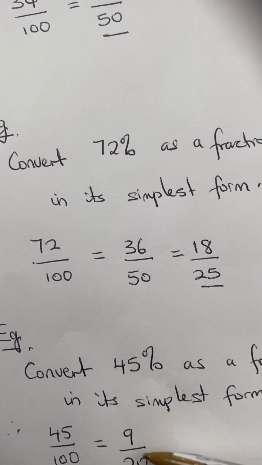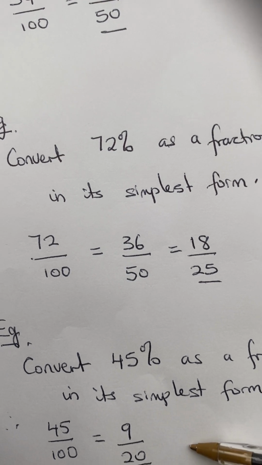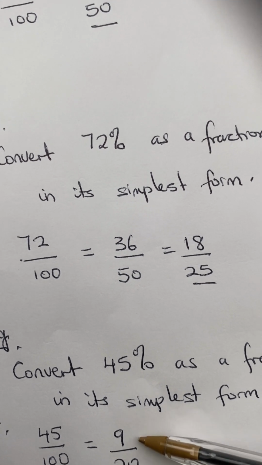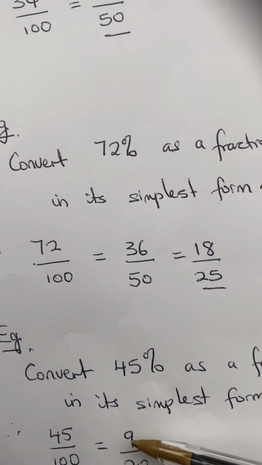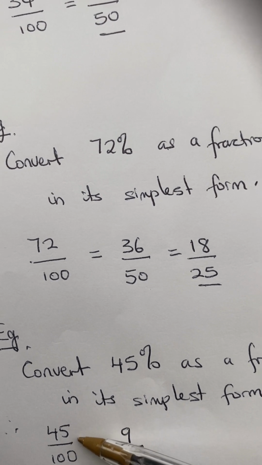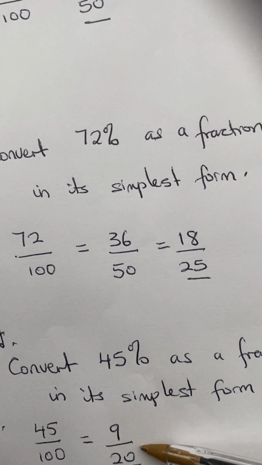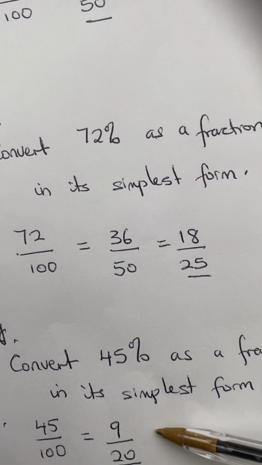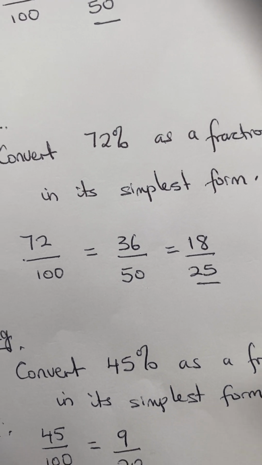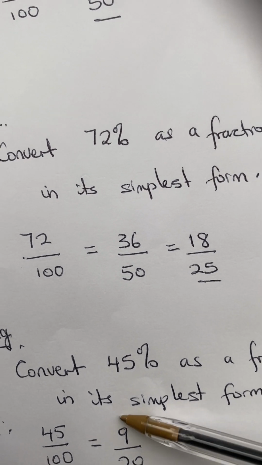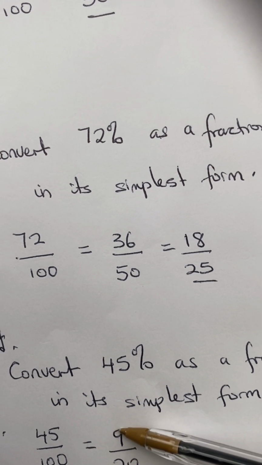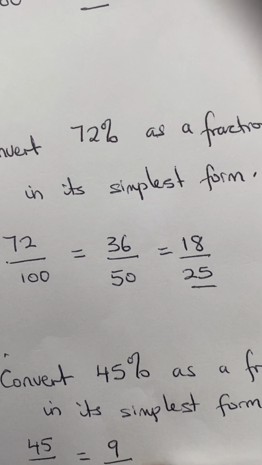If we had 10 and 20, then we could reduce it further, but now we have 9 and 20. So we've converted a percentage into a fraction. If they are asking us to put our answer in a decimal form and we leave it in this form, it's not right, we'll lose marks.